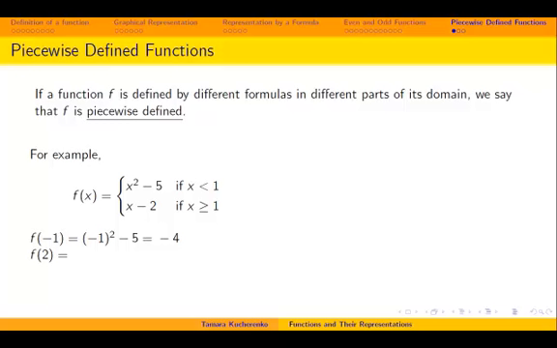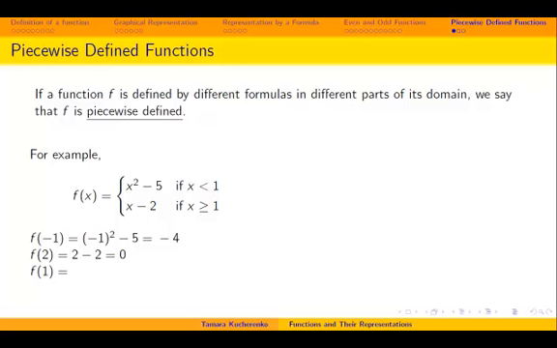Now let's evaluate f of 2. Here x equals 2, which is greater than 1. So we plug 2 into the expression x minus 2. We obtain 2 minus 2, which is 0, so f of 2 is 0.